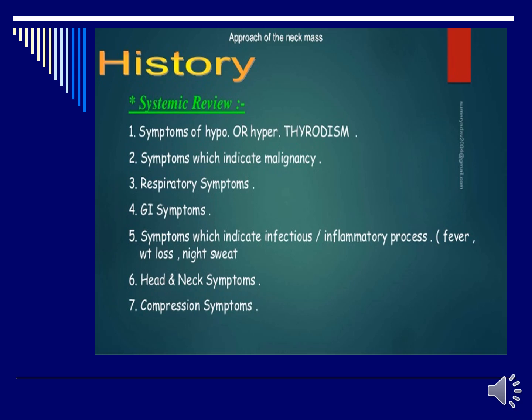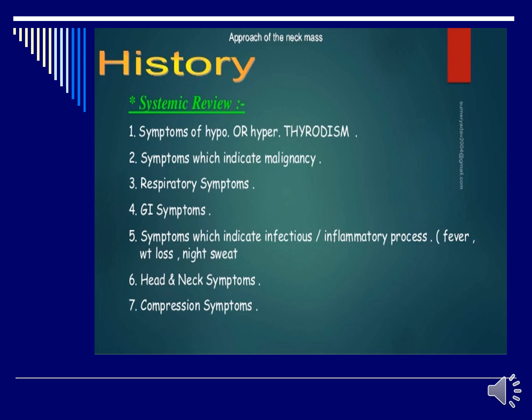Gastrointestinal symptoms are also important in the diagnosis, because some tumors, like gastric tumor, may present with left-sided cervical lymph nodes at the supraclavicular or subclavian region.